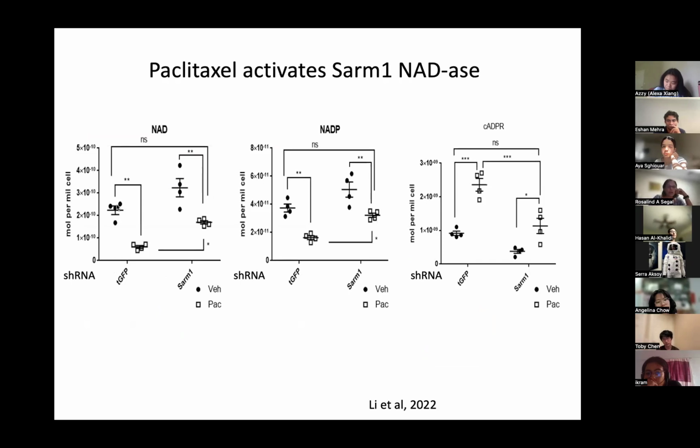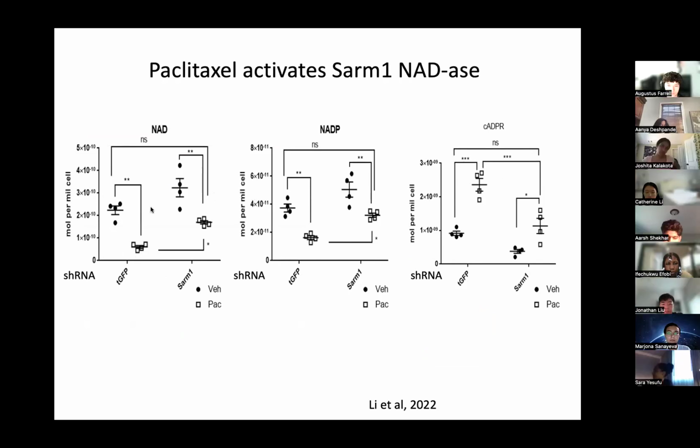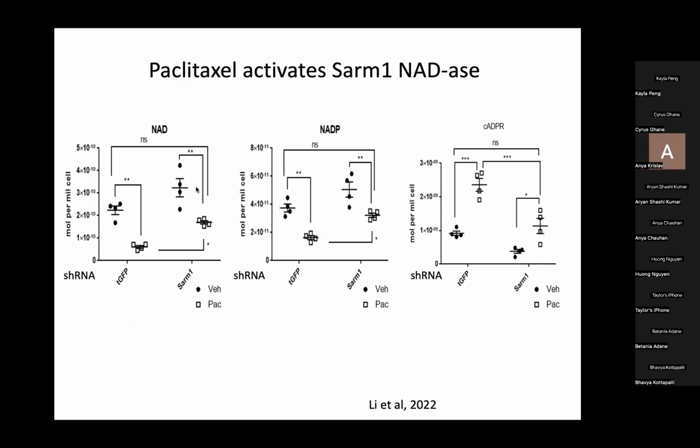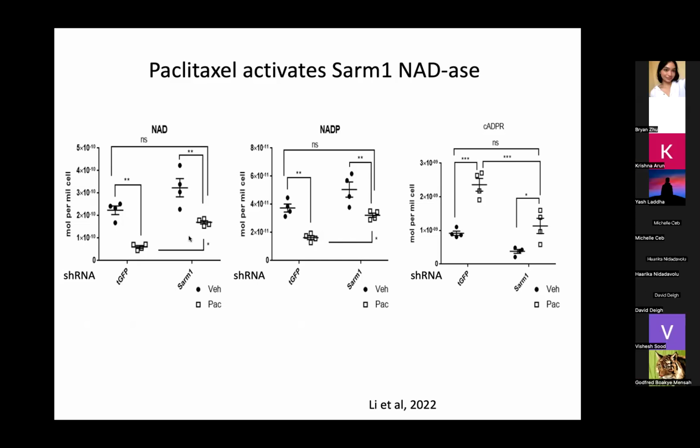So when you treat the axons with paclitaxel, here's without and here's with, NAD goes down, so does NADP, and cyclic ADPR goes way up, as you can see here. And these changes are mitigated when we knock down, genetically reduce the levels of SARM1 in these cells.